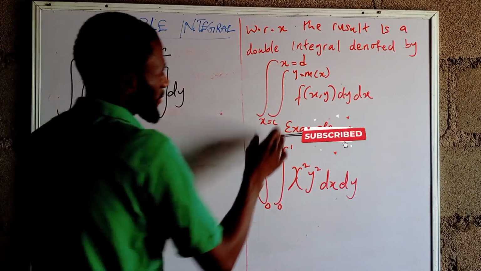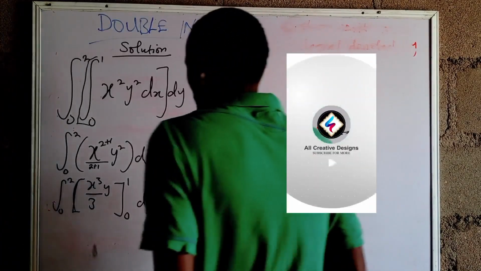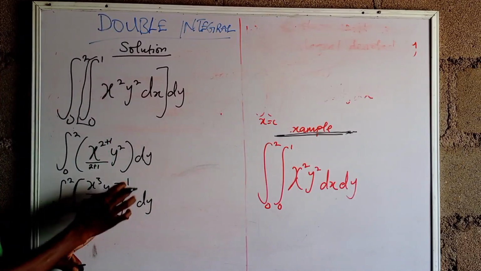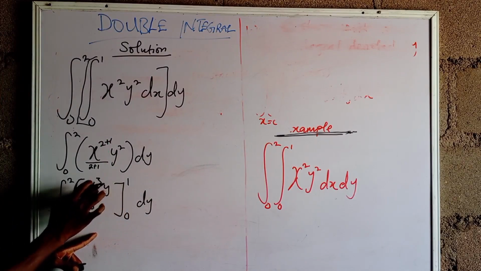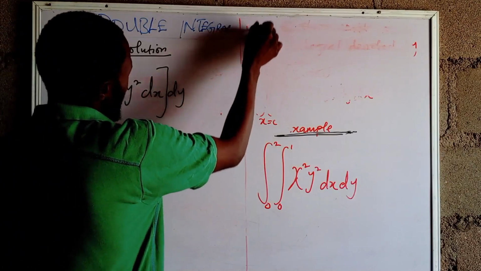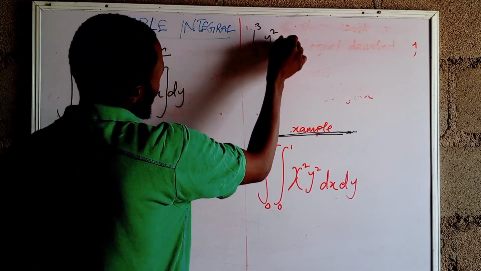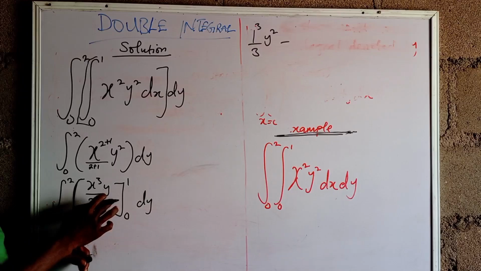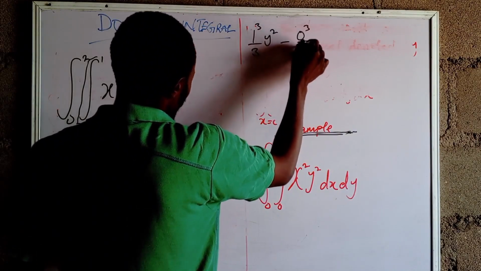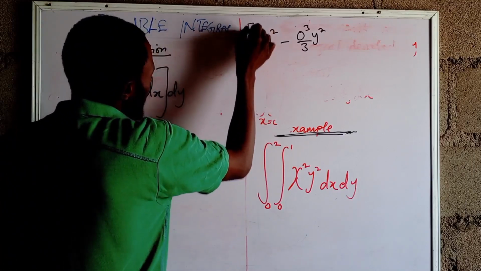In the next step, we substitute x equals 1 and also 0. Then we have 1 raised to 3 all over 3, y squared, minus 0 all over 3, y squared.